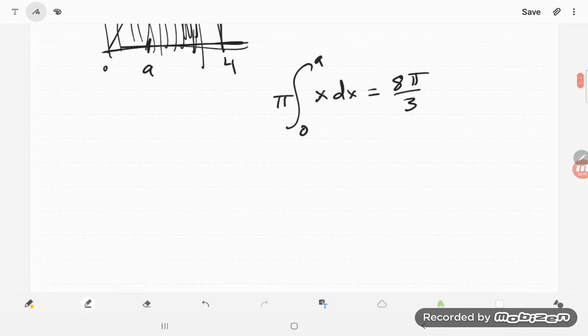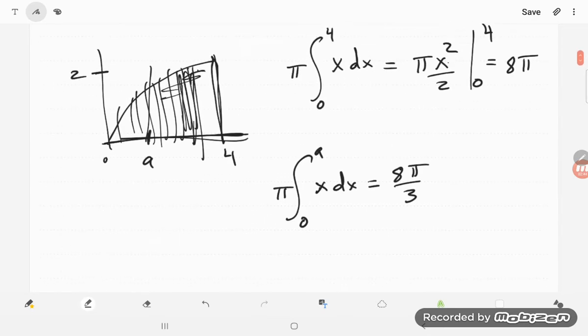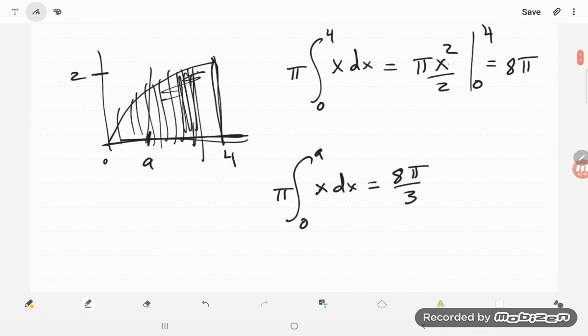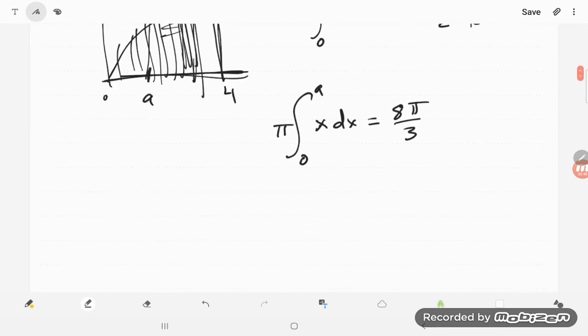And so I already know the antiderivative here is pi x squared over 2. So I have pi x squared over 2 from 0 to a. I want that to be equal to 8 pi over 3.